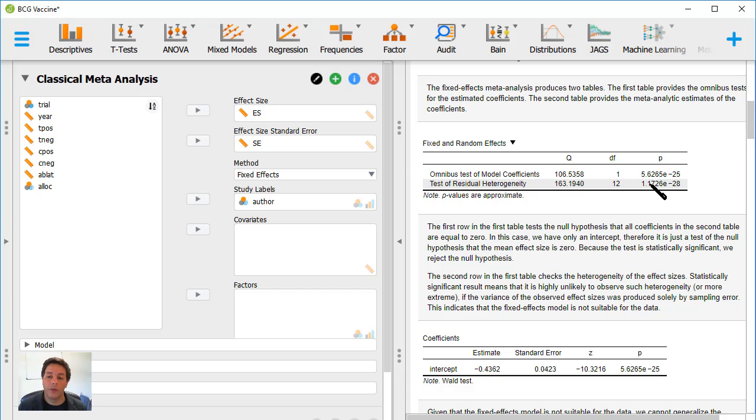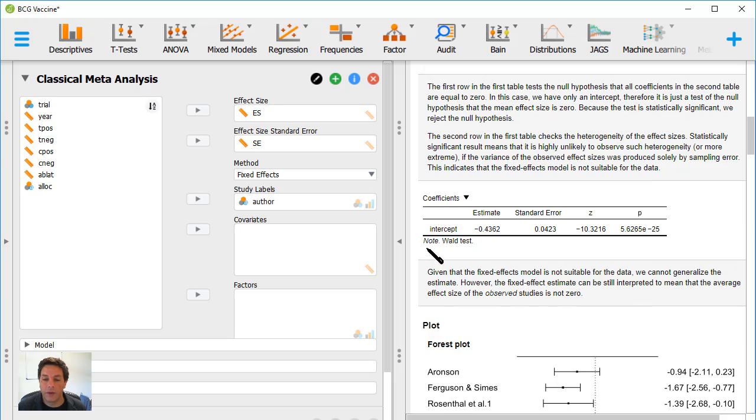So basically what that tells us is that fixed effects analysis is not appropriate. We can still do a fixed effects analysis, but this will apply to just the sample. Within the sample of studies that we have, the estimation we do is correct, but we cannot generalize to the population.